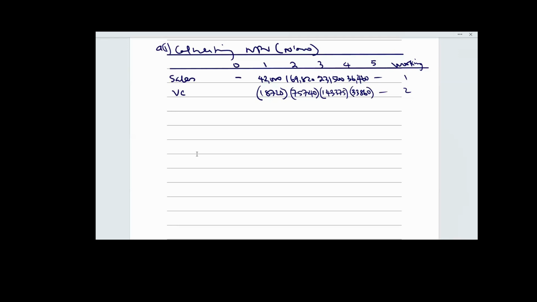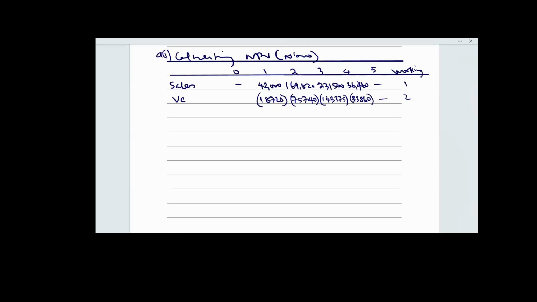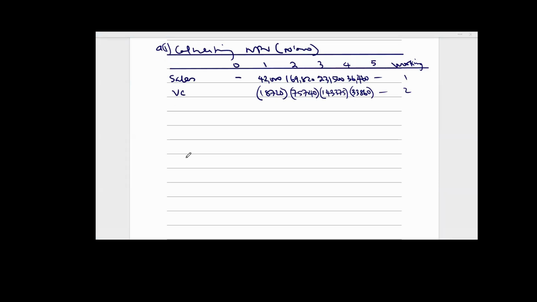Okay, so let's go back to the question to identify other relevant cash flow. In the table, you also have fixed cost in current price, 10 million naira per annum. When I was explaining the concept, I told you there are 3 different ways the examiner can test you on fixed cost. If you are given fixed cost and no additional information, that fixed cost is irrelevant.